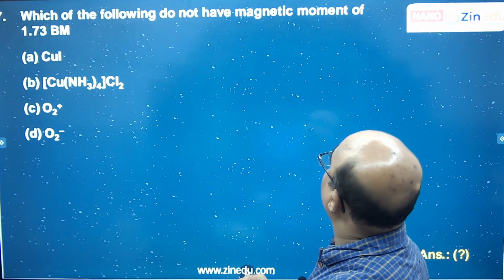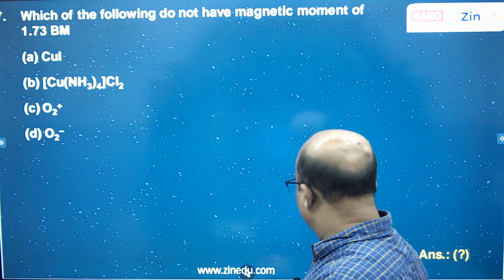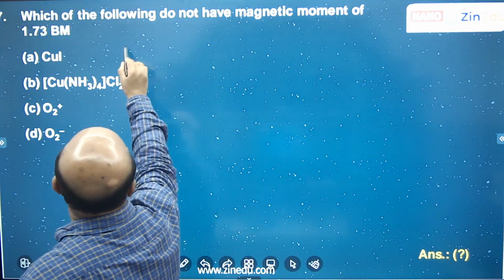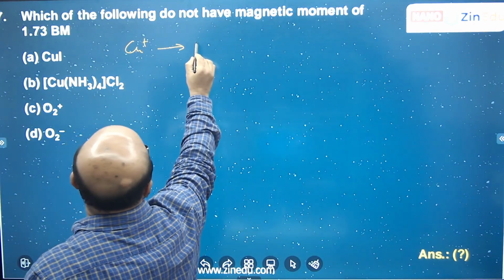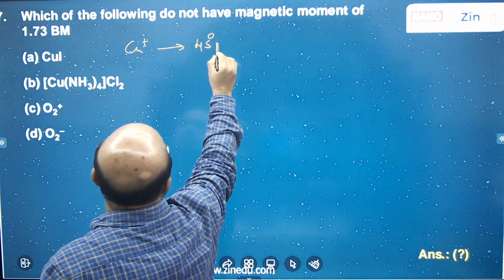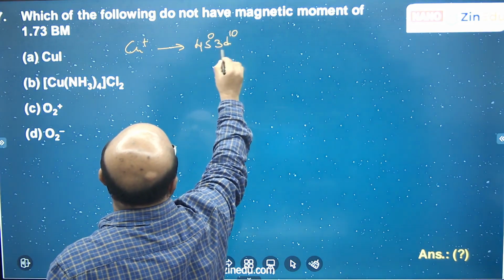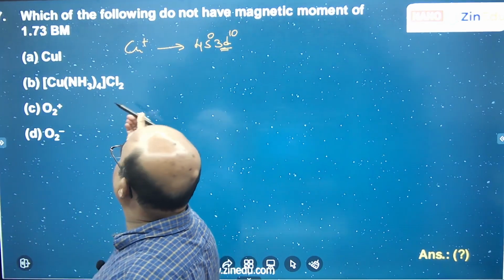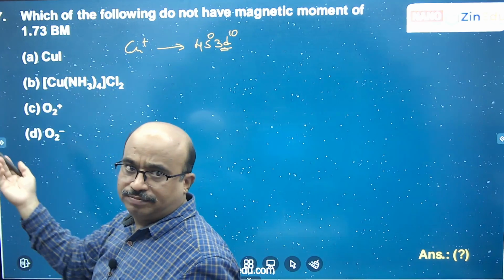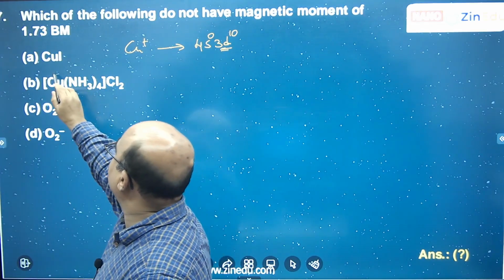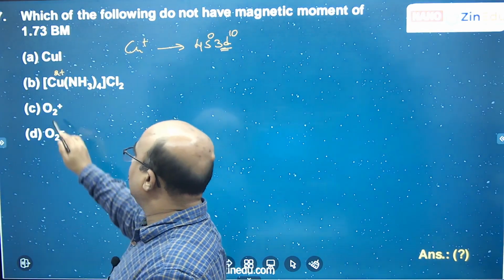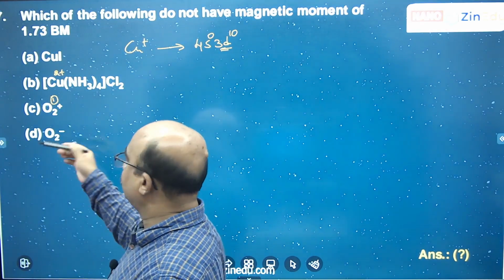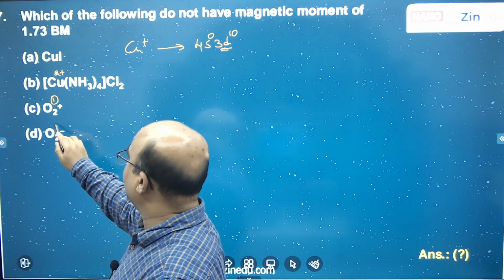Which of the following do not have a magnetic moment of 1.73? So, what is that? If you see copper plus 1 here, the configuration is 4s0 3d10. So, 10 electrons are there in d, that will be completely paired up. So, it is having no unpaired electron, so it cannot have 1.73. Here you have copper 2 plus, here also 1 electron, O2 minus is also 1 unpaired electron.